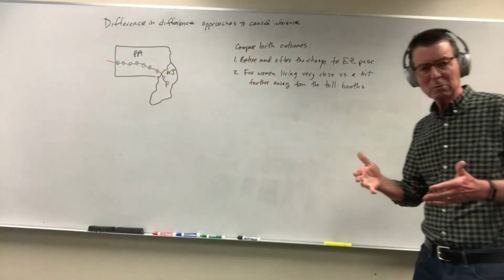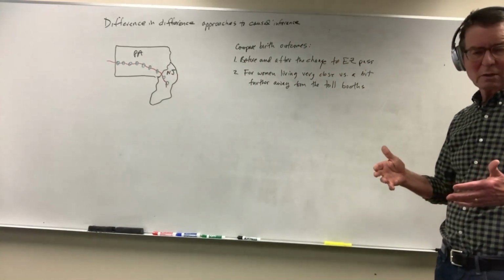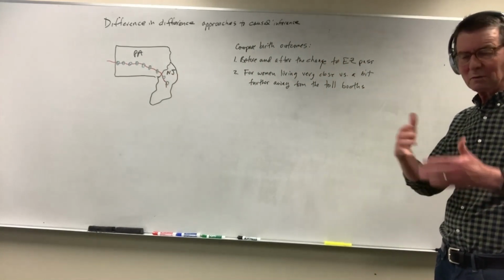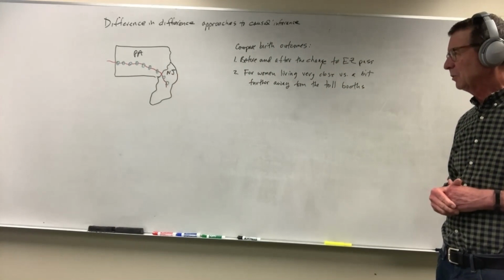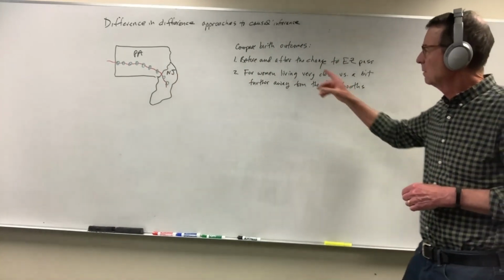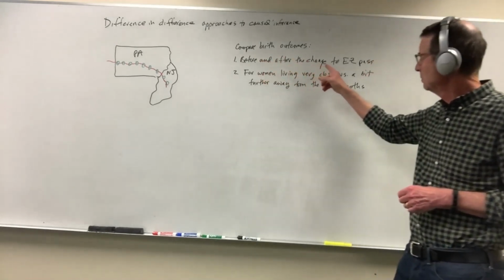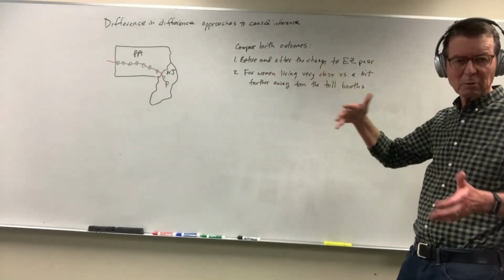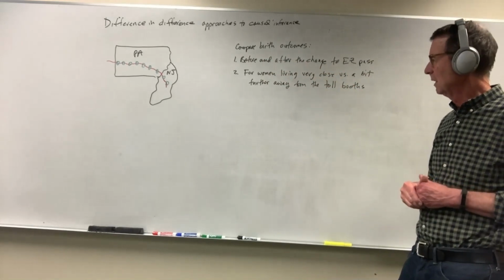So you've got several years before the conversion around each toll booth, and then several years after. So you pool together all that information and look at birth outcomes before and after the change to E-ZPass.